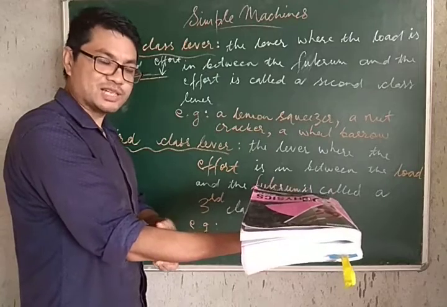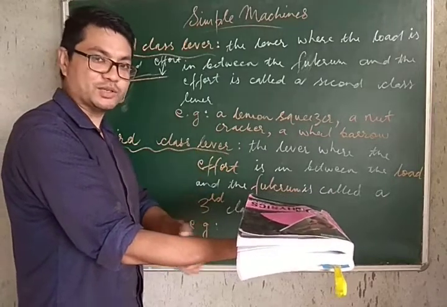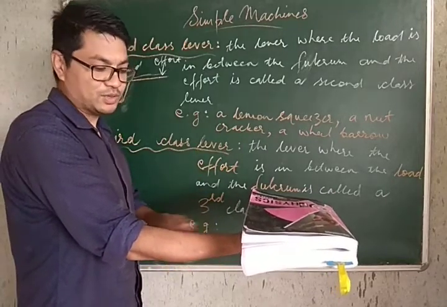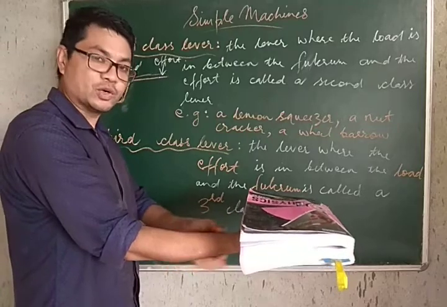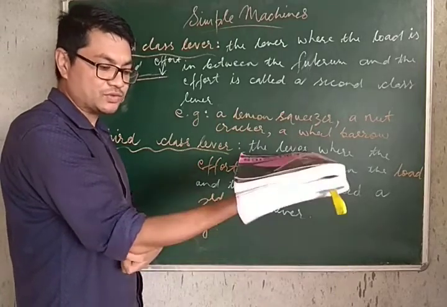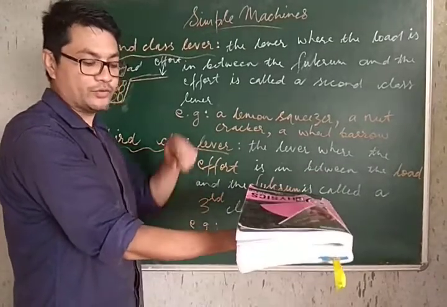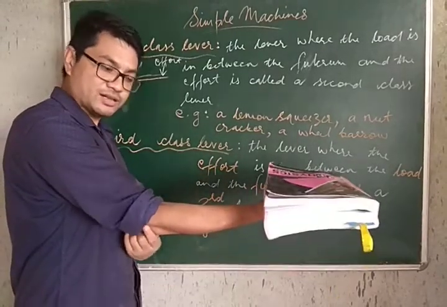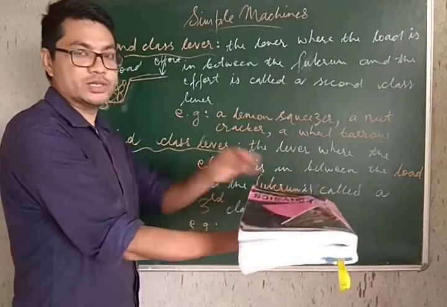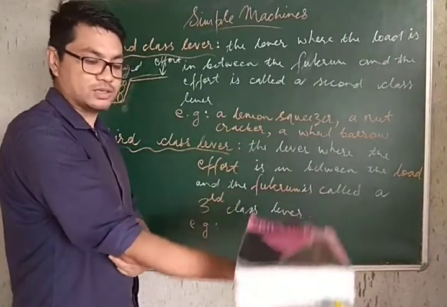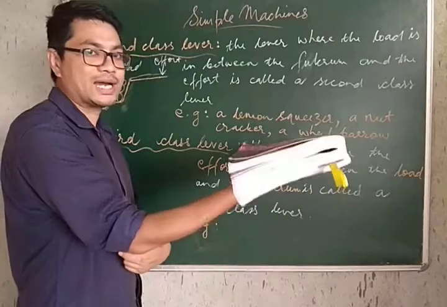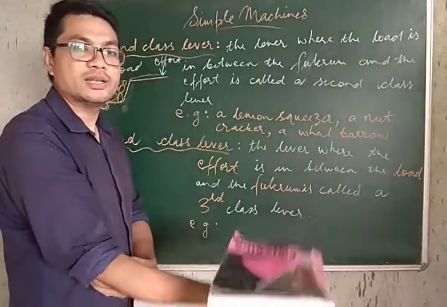Now when I say muscles, I'm not talking about big, huge muscles. So you have muscles here on the forearm. So the muscles of the forearm is where the effort is being exerted. So effort is exerted here, the fulcrum is here, my elbow, and the load is the book right now. So my hand, or rather the forearm, also acts like a third class lever.